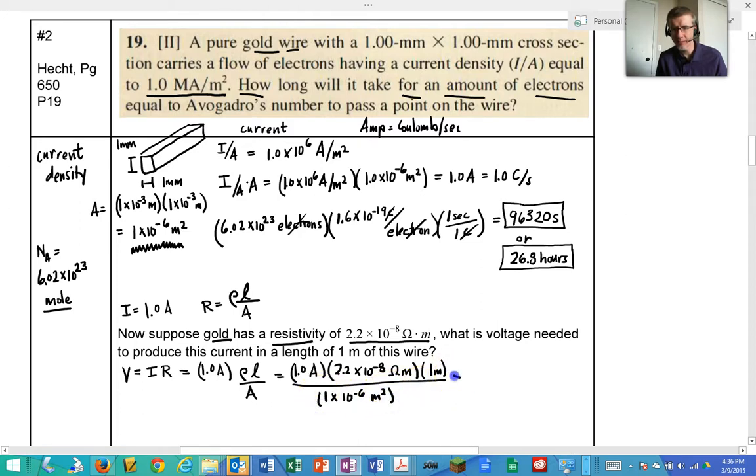This is all going to give me volts. So amps times ohms is volts, and meter squared is going to cancel, so the unit checks out. Let's plug this in.